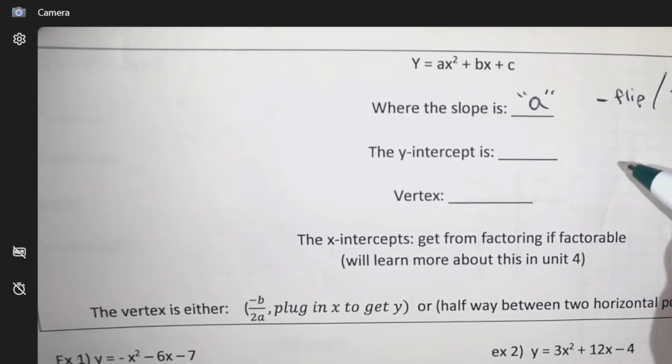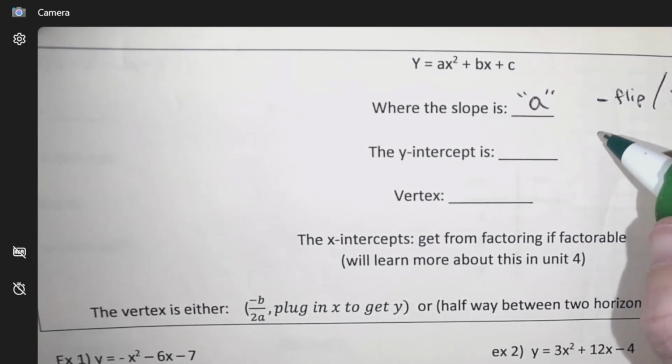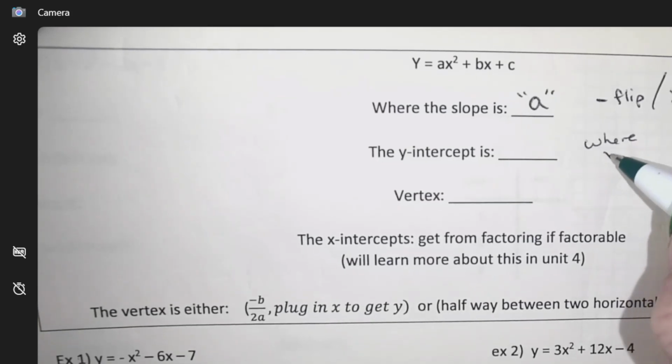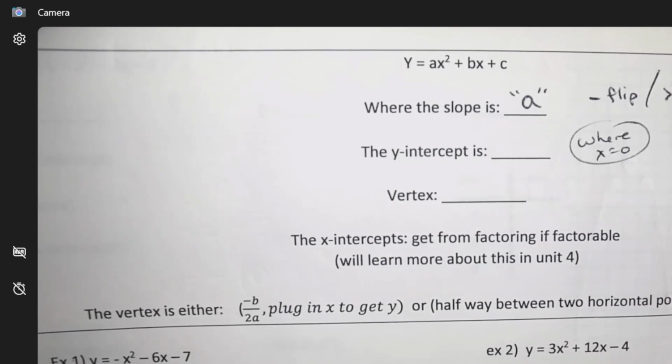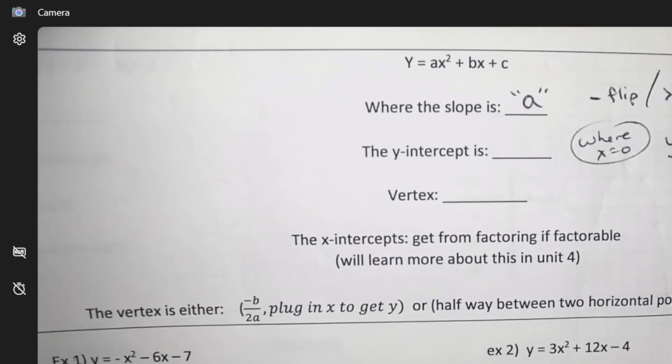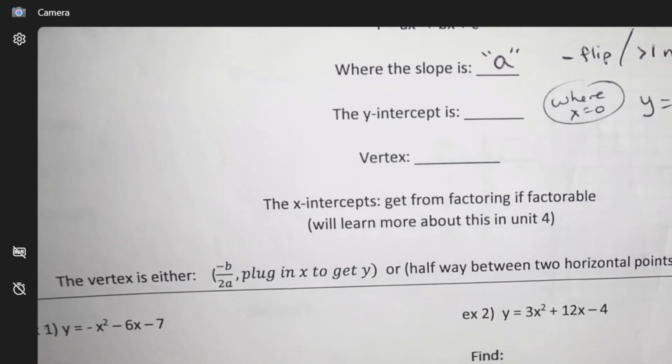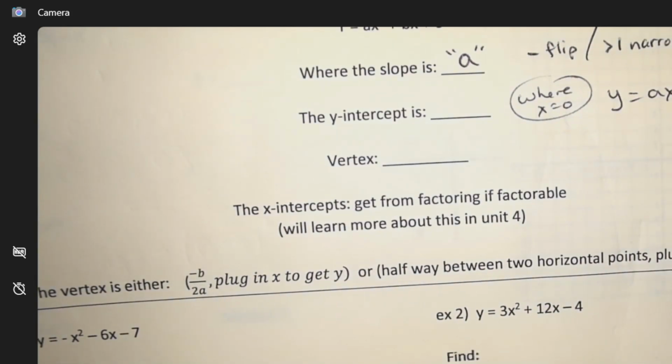Okay, the y-intercept, so where x equals 0, think about your math.